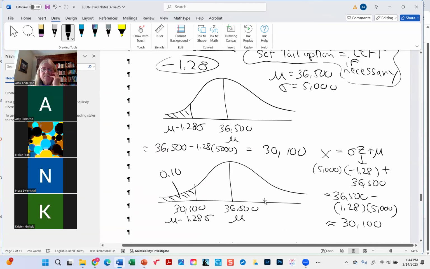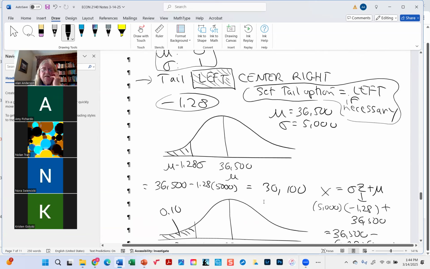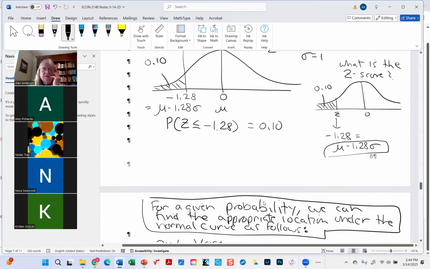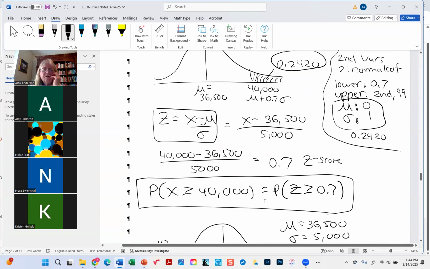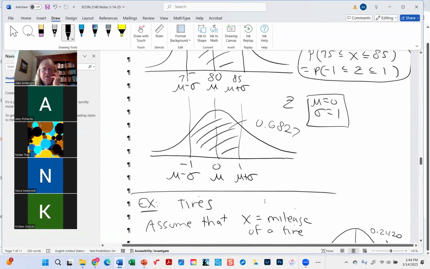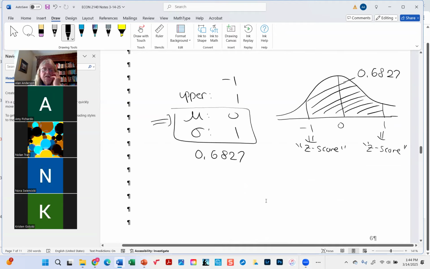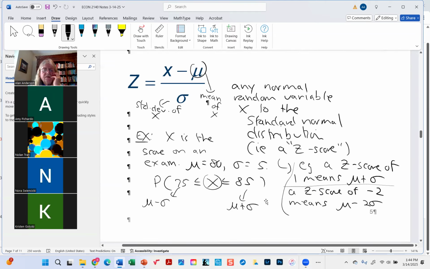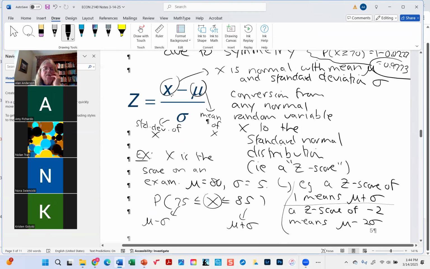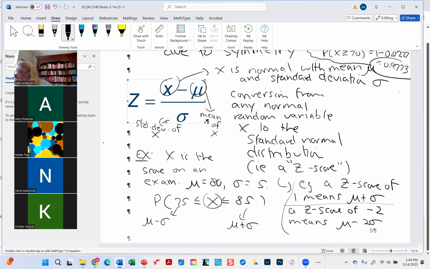So I would like to point out here that this formula we had way back here. Let's go back when we first introduced it. Here it is. This formula implies that, let's see if we got some space over here.